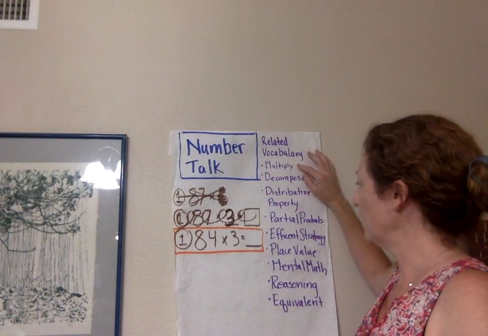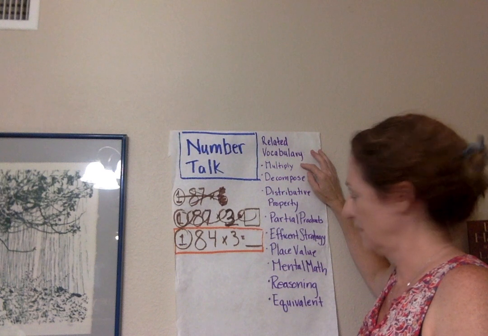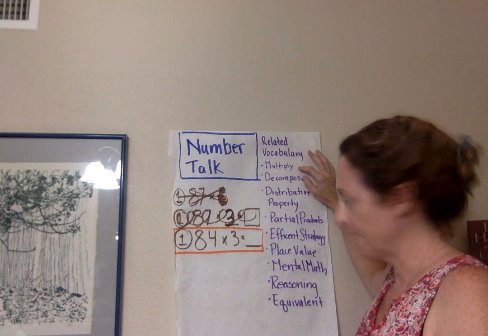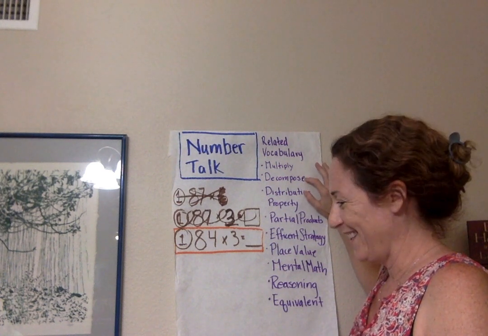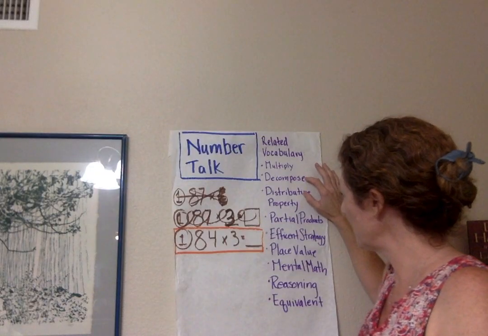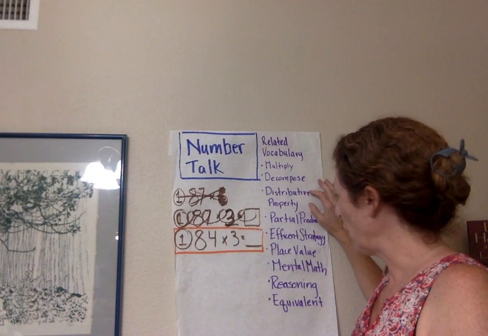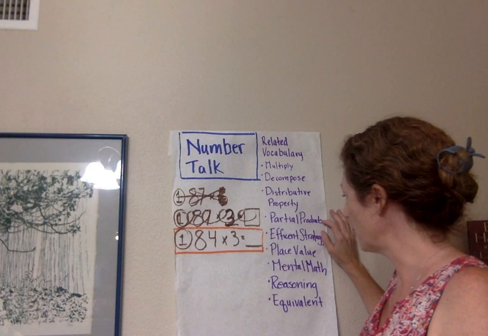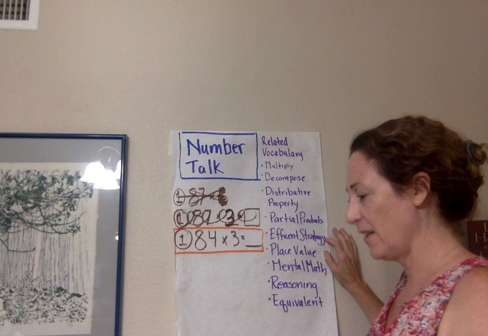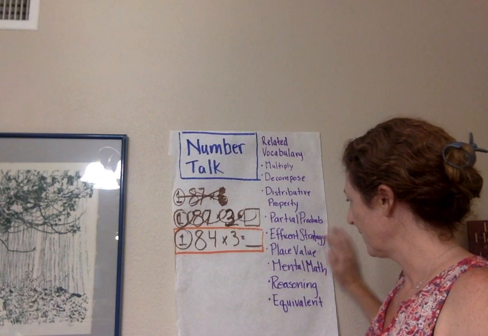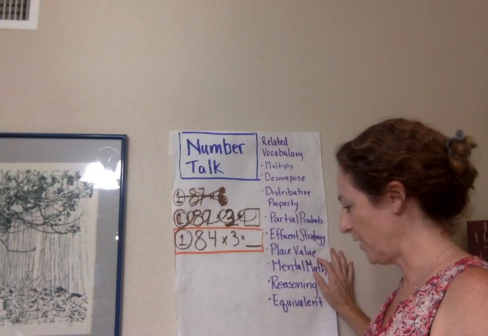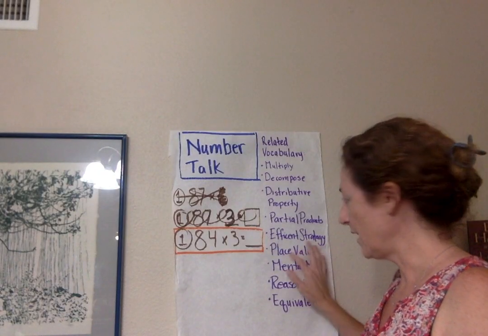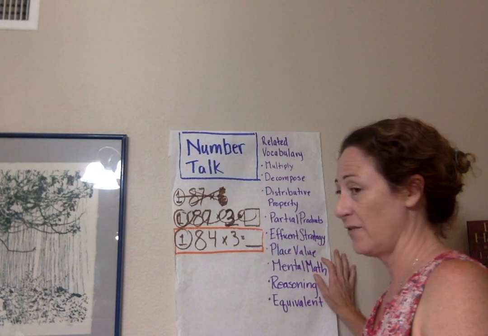So, for example, this is a multiplication equation. Okay, we decompose. There's distributive property, partial products. You're going to think of an efficient strategy. You're going to notice the place value.